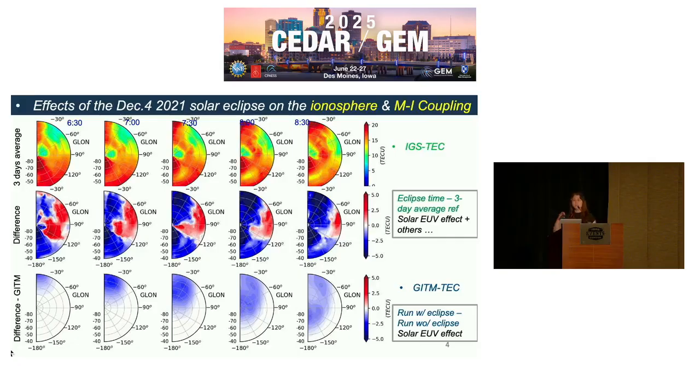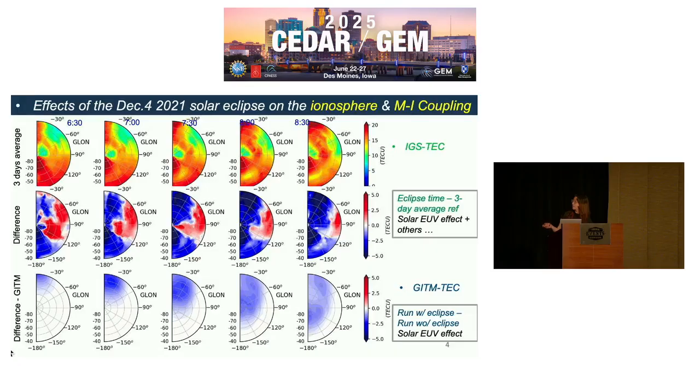After subtracting the 3-day average TEC observations and representing the difference from quiet time, you can see along the eclipse trajectory, the density got reduced for sure. But the observation includes everything, not just solar irradiation reduction. So you can also see some enhancement on the night side. This may be related to the substorm, which happened to be close to the solar eclipse period.